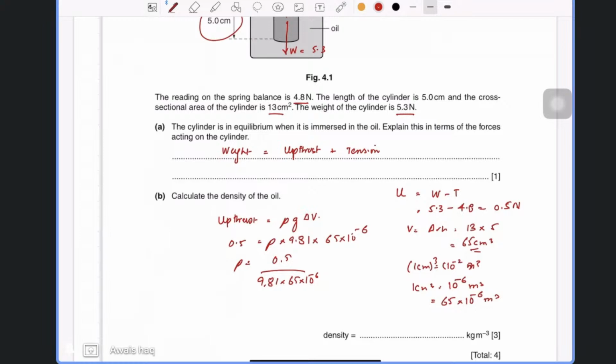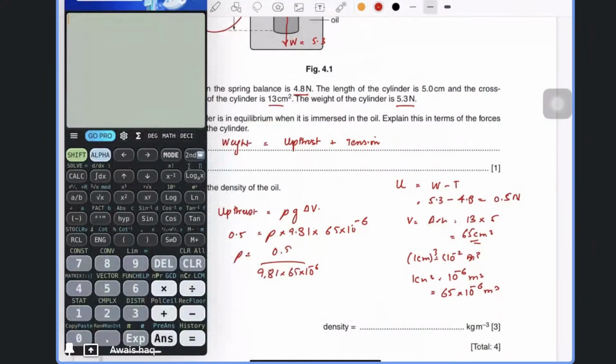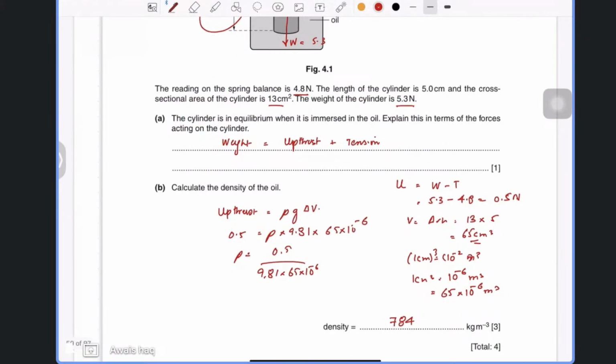So basically, Sohail, you do not have a calculator and you're in the class. How bad it is. Sir, it is 794. 794. Yeah, so it should be the correct answer, because the density of the oil is around 800, so that should be fine. You can check later with the Maxim as well.